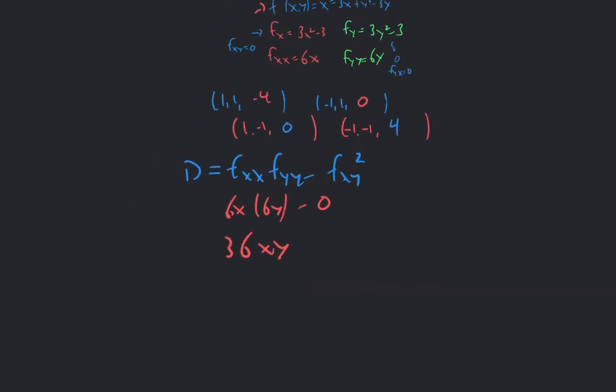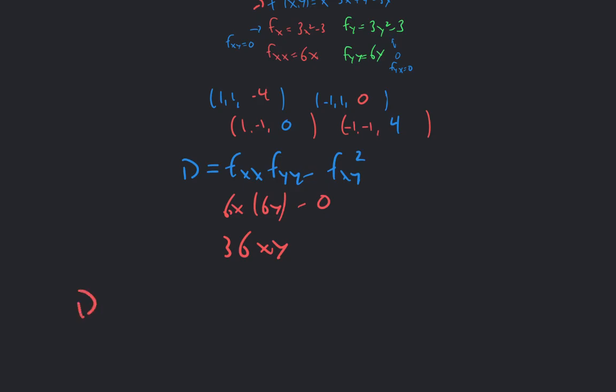So if we do d of 1, 1, this gives us 36, and that is a local minimum, as we can see from this function value.